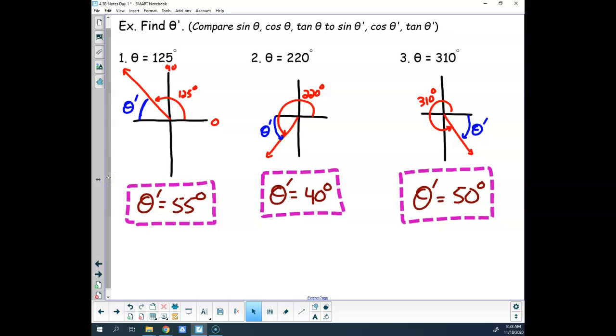What do you got, Stella? 0.819152044? Okay. What's the sine then of 55 degrees? The exact same thing, right? So the sines are the same.